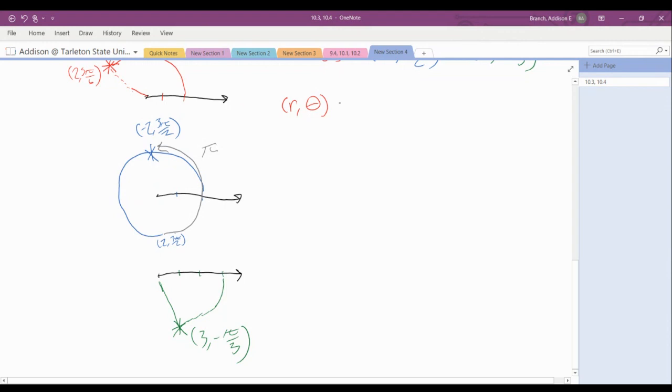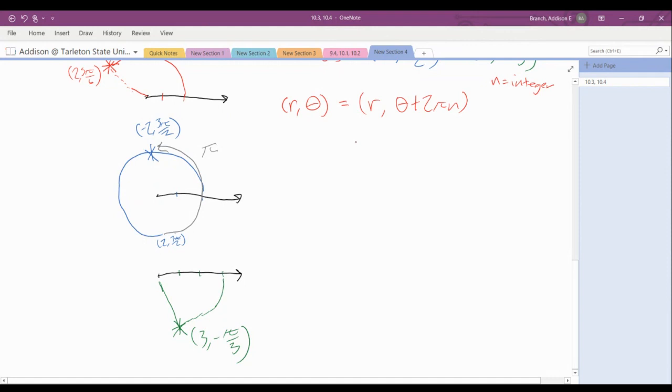One way we can write this is (r, θ + 2πn), where n is an integer. This makes sense because anytime we travel 2π, that just means you've made a complete rotation and you're back to where you started.